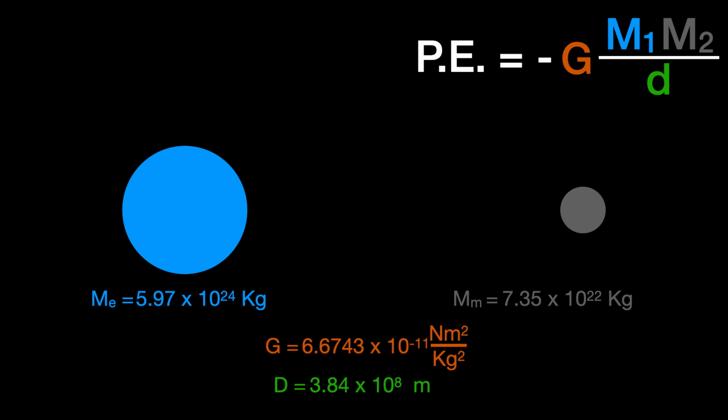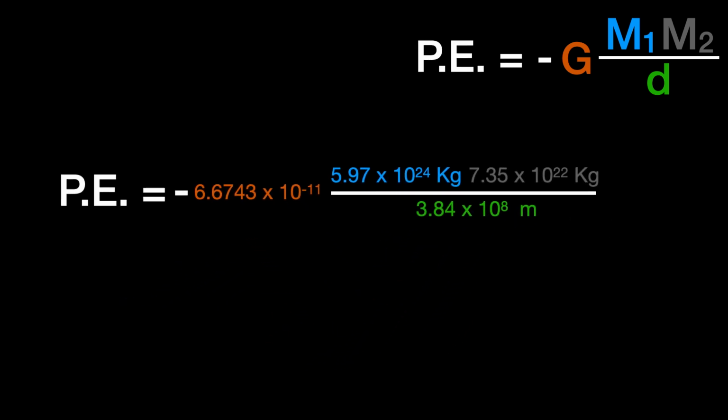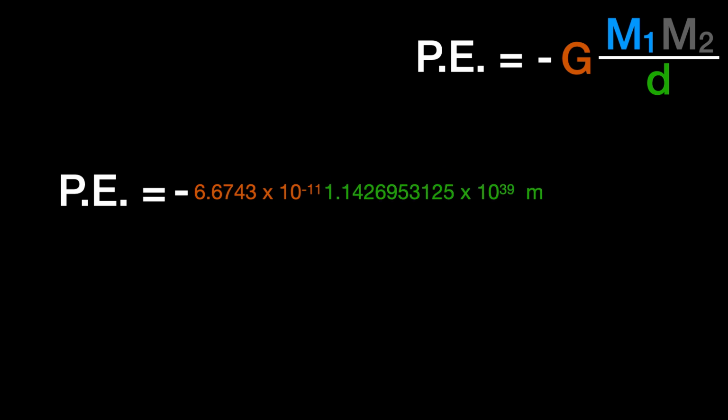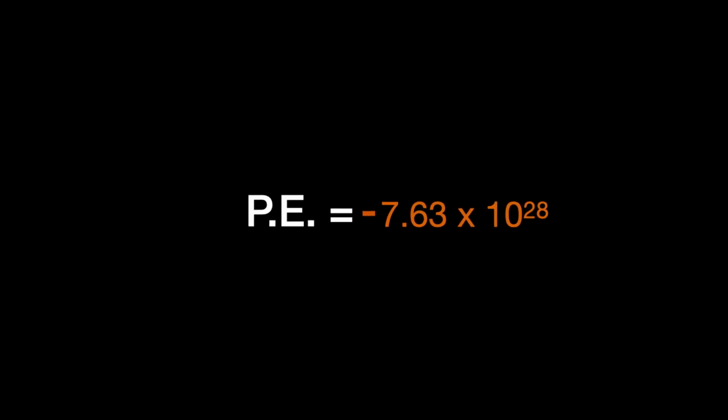If we plug all these numbers in and simplify a little bit, we get negative 7.363 times 10 to the 28. Yes, so there we go.